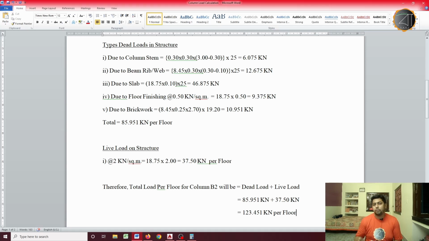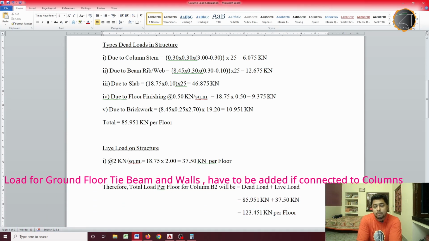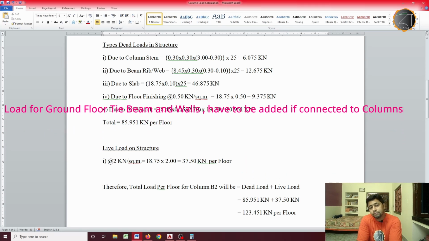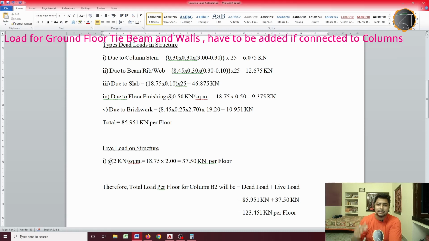So, if the number of floor is 3, then we have to multiply it with 3, and for some columns it will depend, because some columns may be extended beyond the original roof level due to the staircase portion. So, we have to calculate for those columns separately the additional load, and also the load coming from the staircase is different from that coming from the normal floor area, because the staircase is inclined.